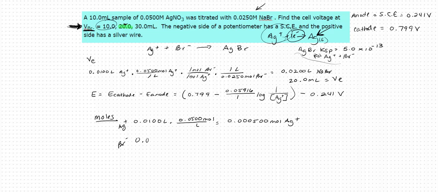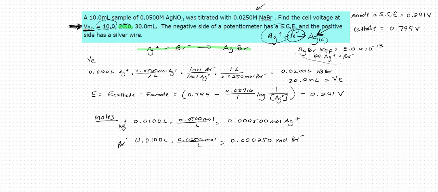So 0.0100 liters of the bromide solution. The bromide solution has a concentration of 0.0250 moles per liter. So we have 0.000250 moles of bromide. Now, according to our titration equation here, for every 1 mole of silver, we use 1 mole of bromide.